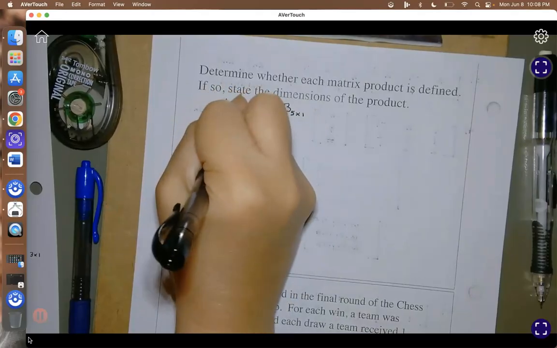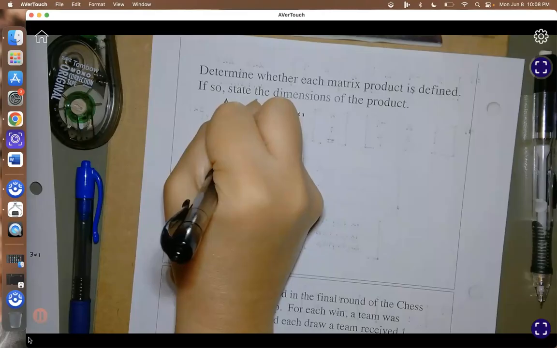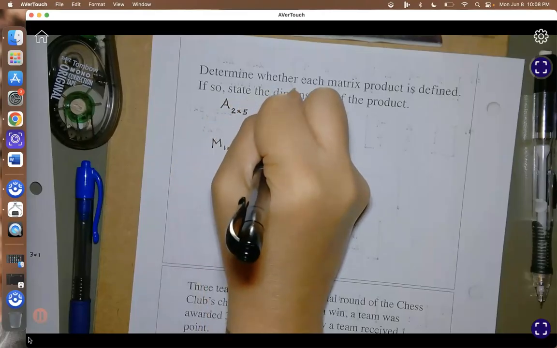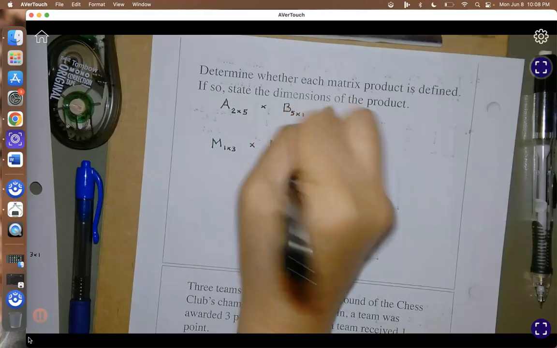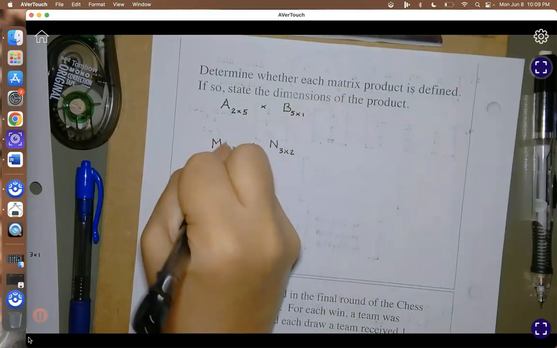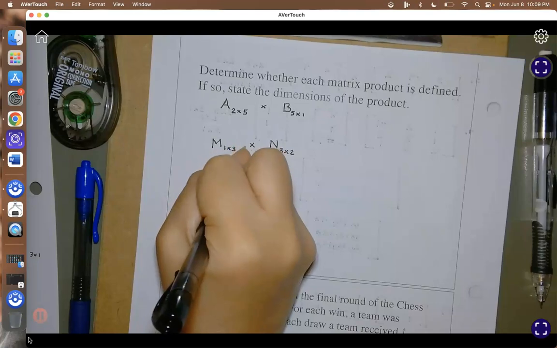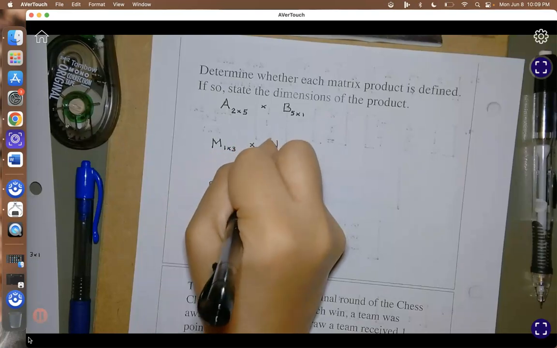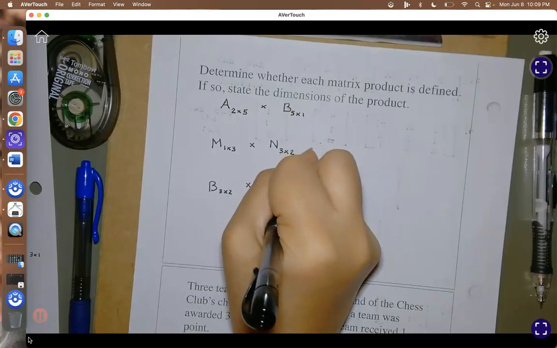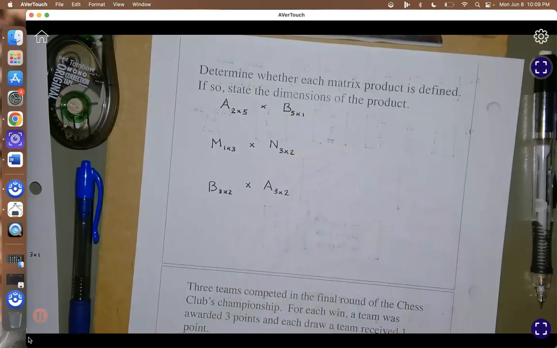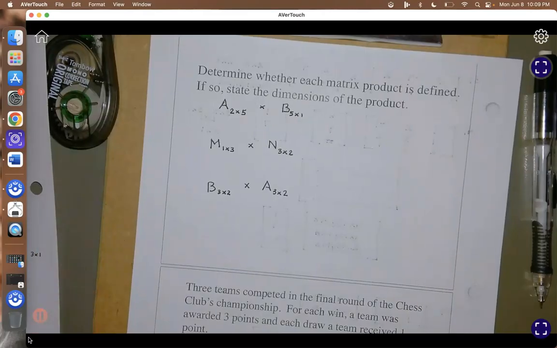M is a 1 by 3 times N, which is a 3 by 2. Then we have B, which is a 3 by 2 times A, which is a 3 by 2. Okay, pause this and you work these and tell me, will they work and what the size of the answer is if they work.